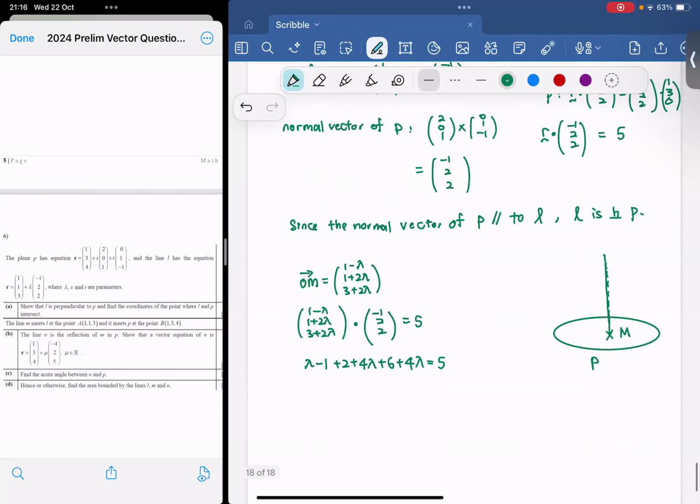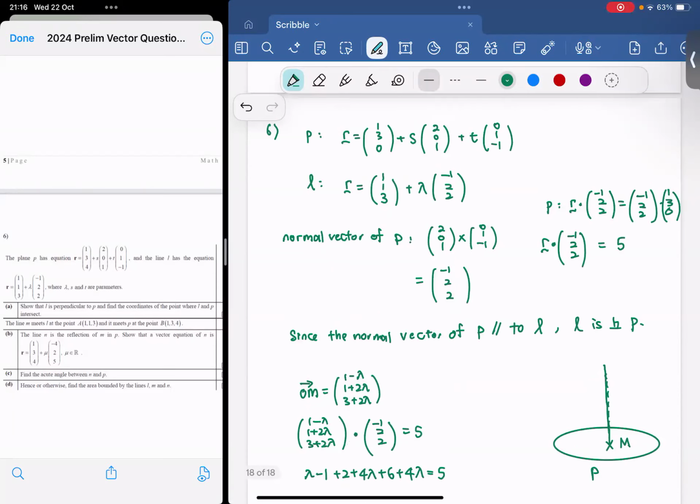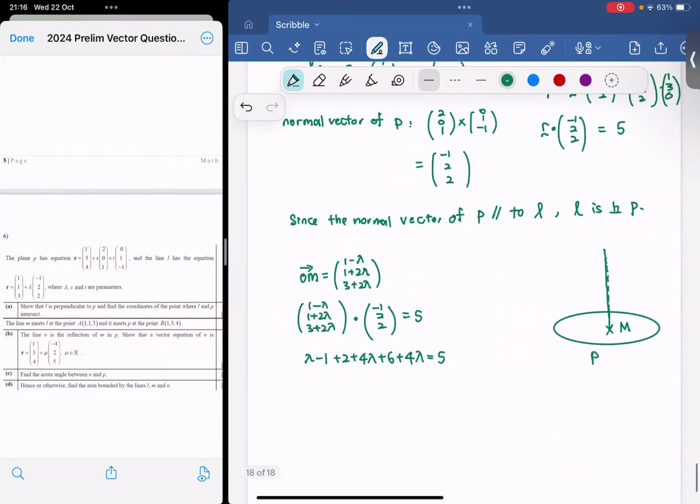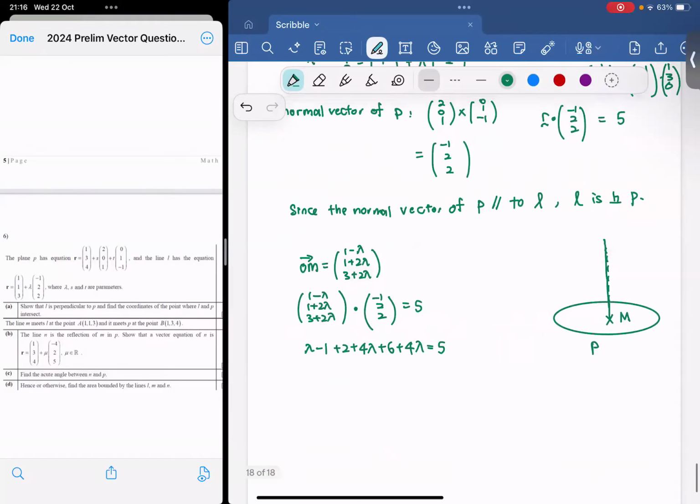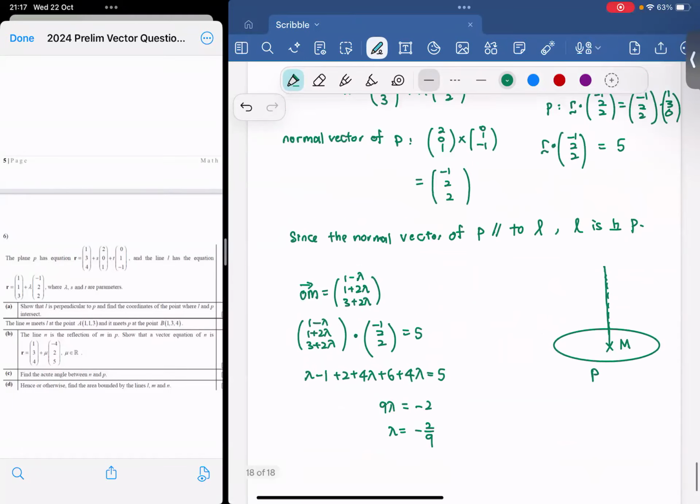Is that correct? One, 3, 6, correct. The numbers look weird. 9 lambda equals -2, lambda equals -2/9. Correct or not?